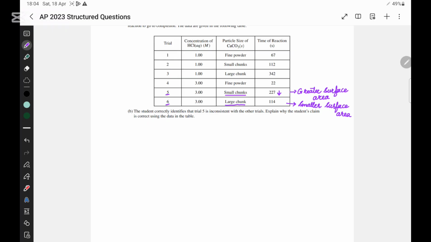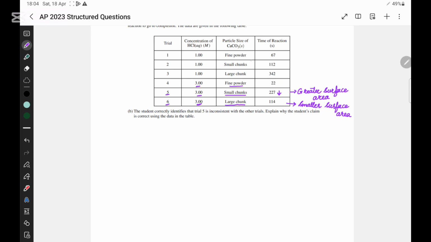And when you see trial 1, 2, you can also see one thing, that concentration of HCl are same in both of them. But when you see trial 4 as well, which is having fine powder, then it is having the time of reaction which is very low, which is true.